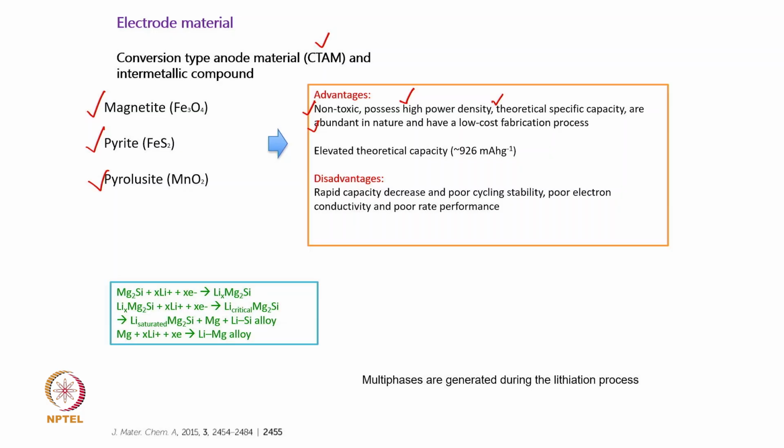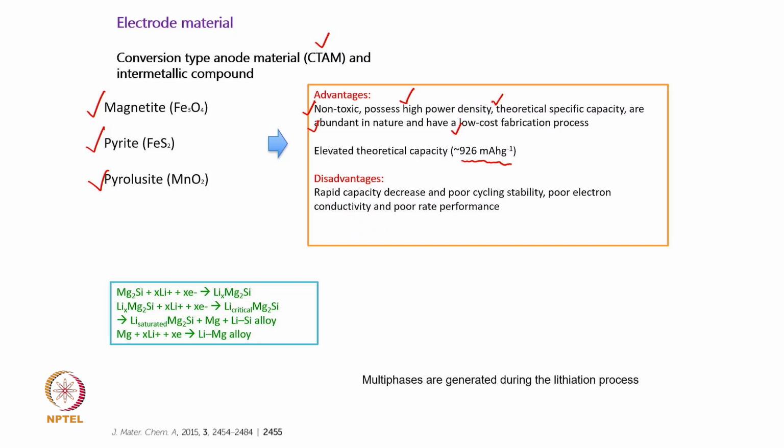So, they are abundant and they also have a low cost fabrication process. Okay. And from the theoretical model, people have predicted about 926 milliampere hour per gram theoretical capacity of this type of anode material when used in lithium ion battery.